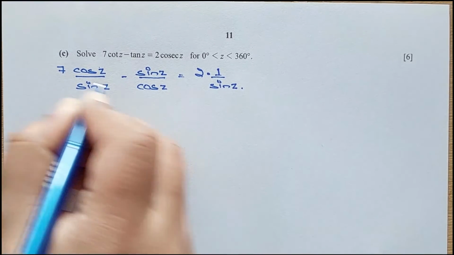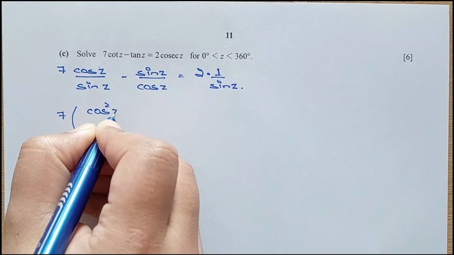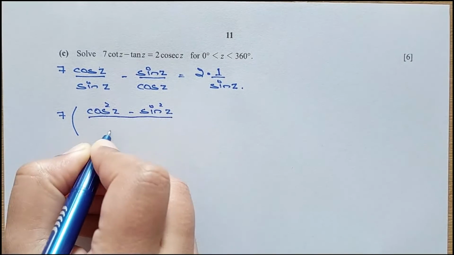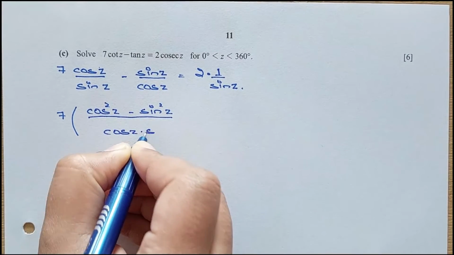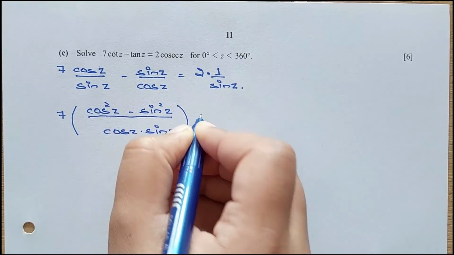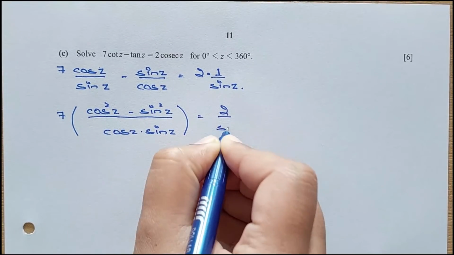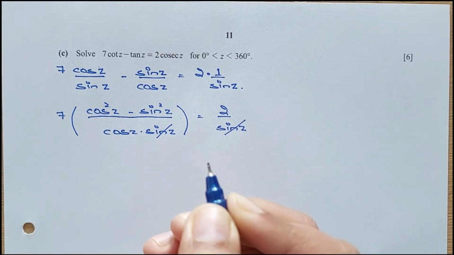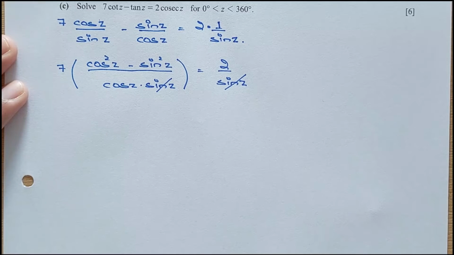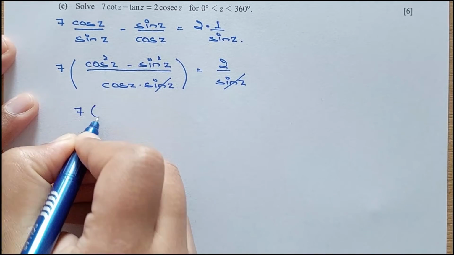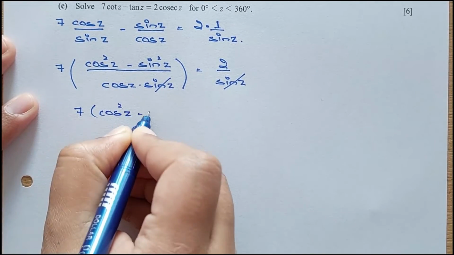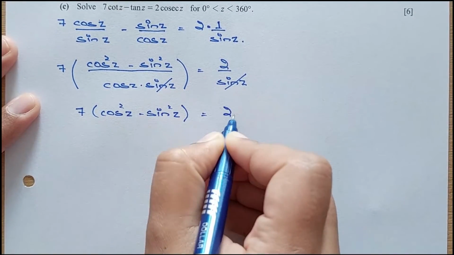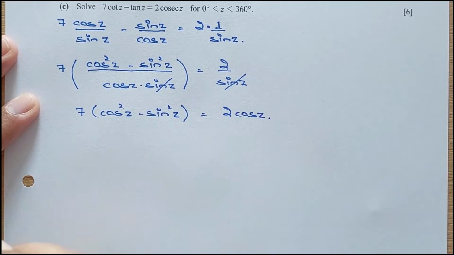So we have cos square z minus sine square z divided by cos z sin z equals 2 by sin z. We can cancel sin z, leaving cos square z minus sin square z. Now we have 7 cos square z minus sin square z equals 2 times cos z, right?